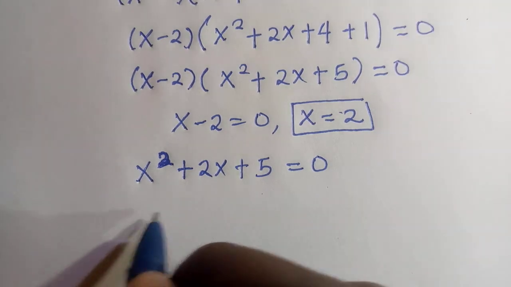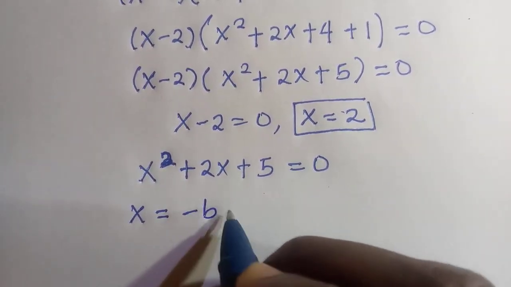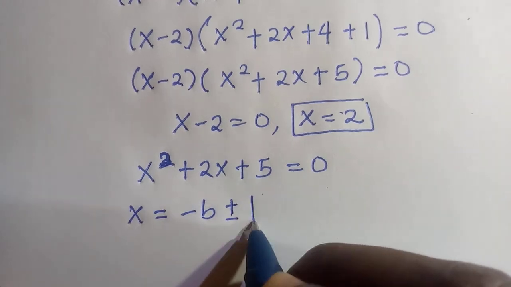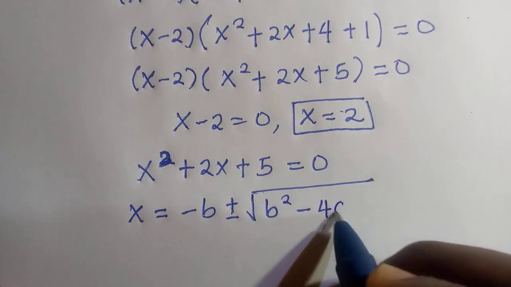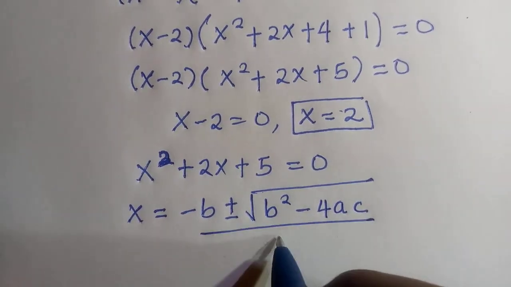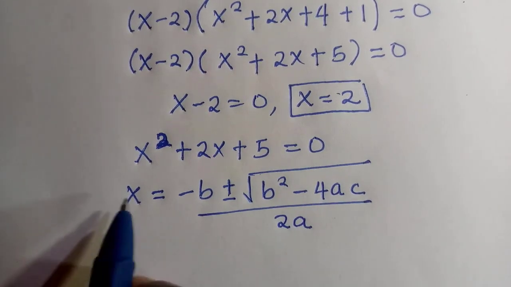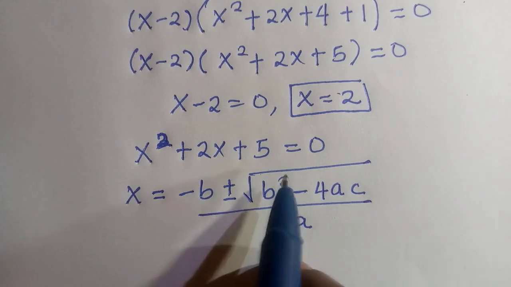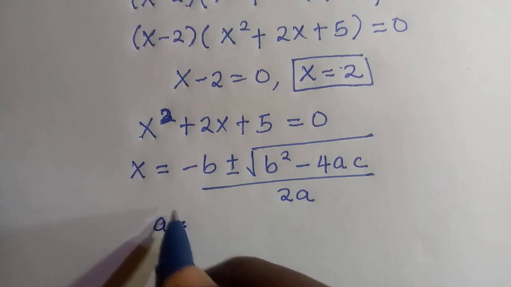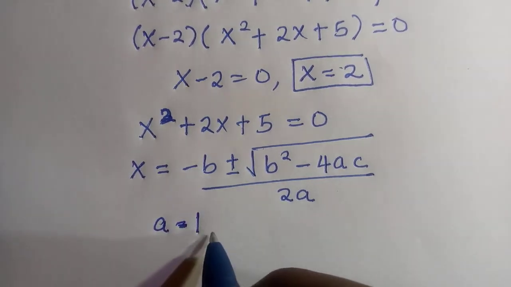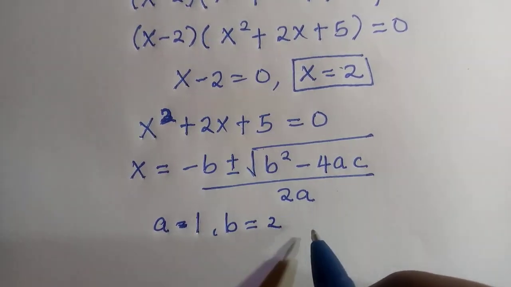It says that x equals minus b plus or minus square root of b squared minus 4ac, all divided by 2a. We get a and b from here, x squared plus 2x plus 5, where the value of a is the coefficient of x squared, which is 1, and the value of b is the coefficient of x, which is 2.